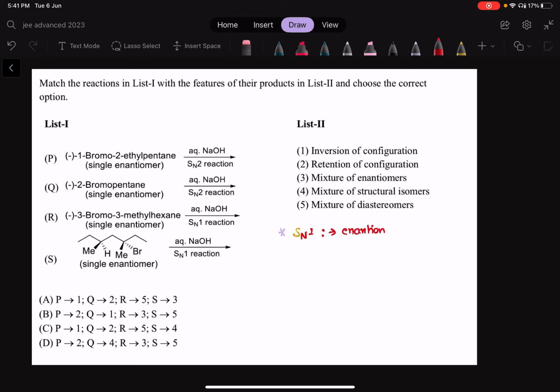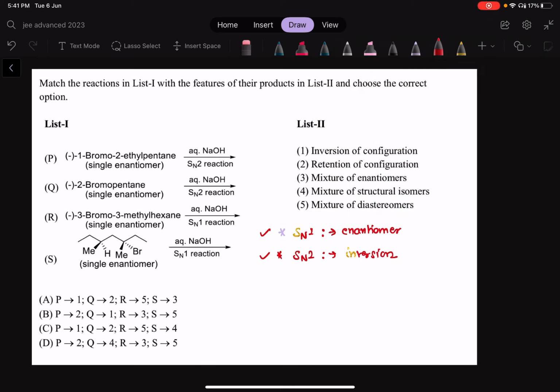And as far as the SN2 reaction is concerned, inversion of configuration will happen at that carbon atom where the substitution takes place in an SN2 mode. So here we'll have inversion of configuration, that we know from our study itself.